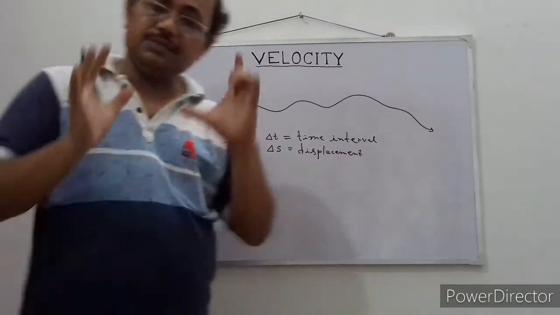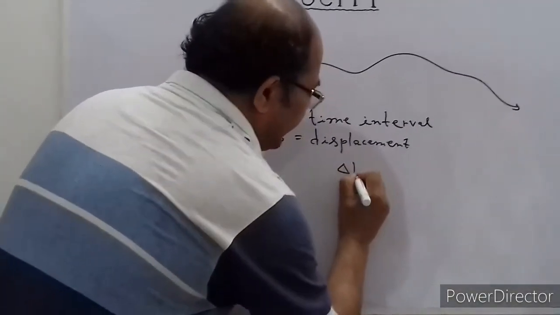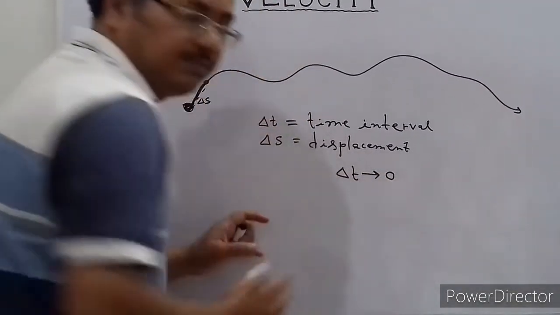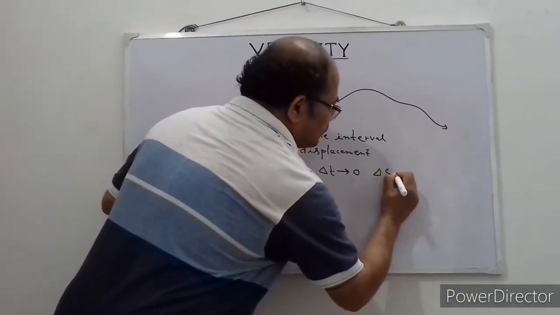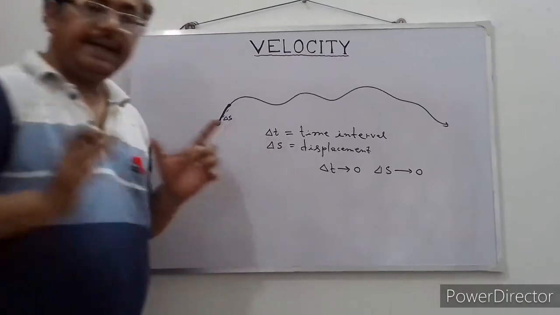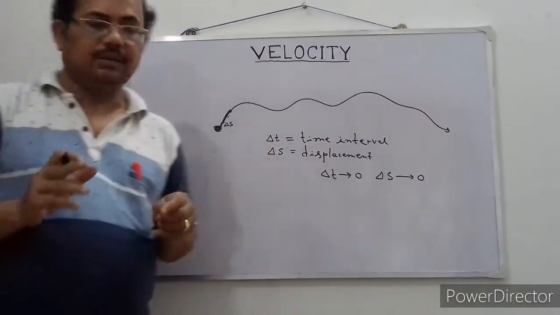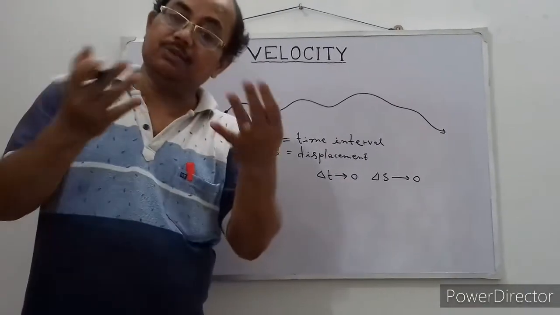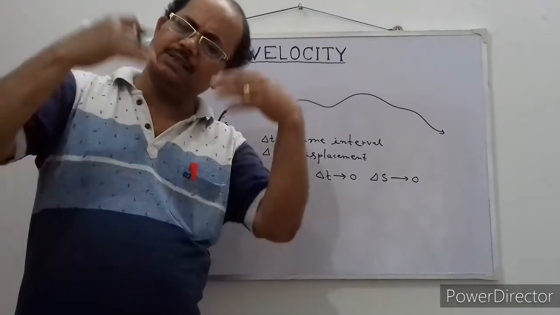Now if delta t is very small, that means delta t tends to 0, then delta s also tends to 0. Tends to 0 means it is not exactly 0, but almost nearly equal to 0. It is a very small quantity.